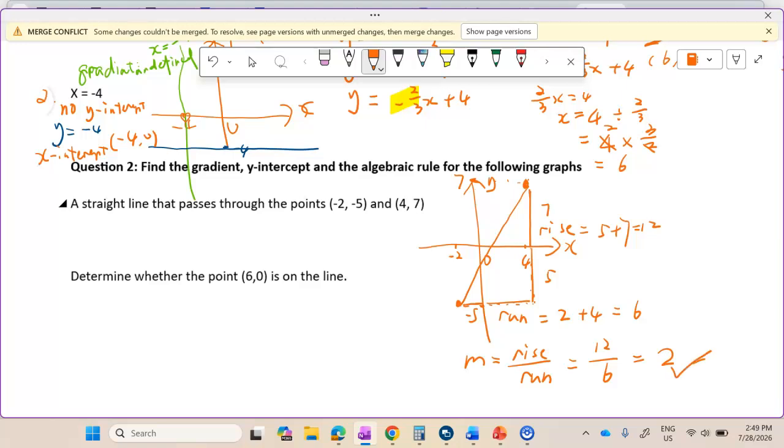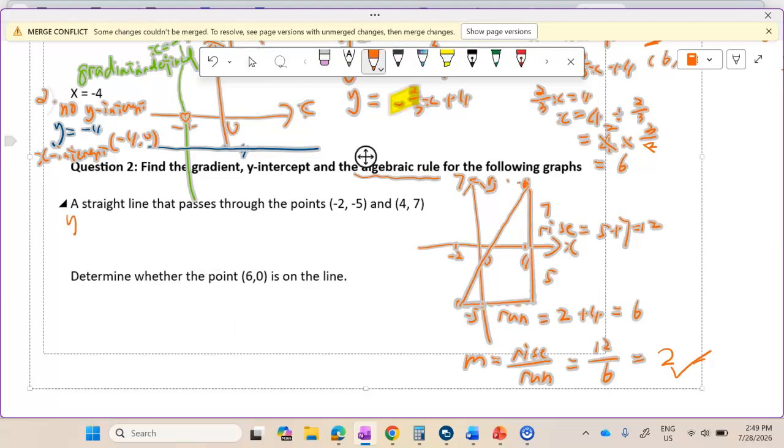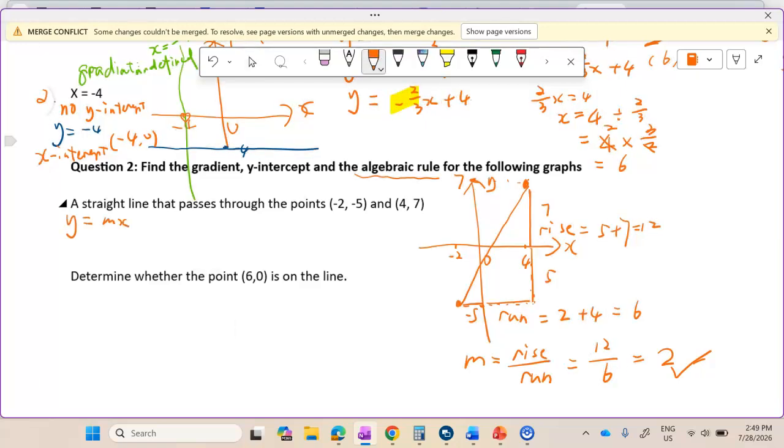For the y-intercept, in this case, you really need to generate the algebraic rule first before you can find the y-intercept. So how can we generate an algebraic rule for this question? You probably have noticed I mentioned y equals mx plus c, and that m is the gradient.